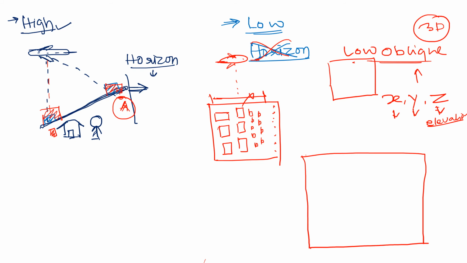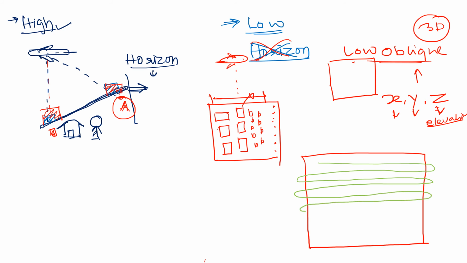Here a drone will be moving from this corner, shifting back, and again moving in this direction, continuously covering as many photographs as possible.